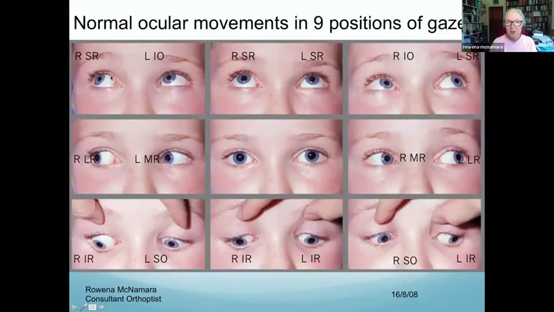When we ask the patient to look up to the right, we're testing in the right eye the superior rectus action, but in the left eye, the inferior oblique starts to be the main muscle that pulls the eye up in that position. So in this way, we can find out where the defect is, and therefore whether it's a nerve palsy of the third, fourth, or sixth cranial nerves.